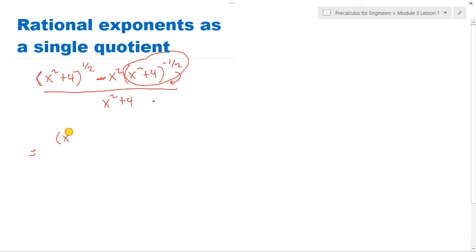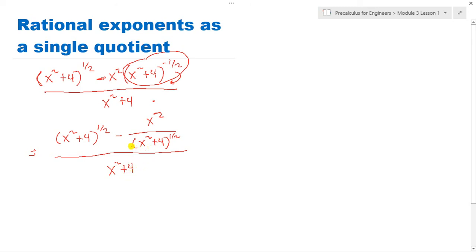So x squared plus 4 raised to 1/2 minus x squared all over x squared plus 4 raised to 1/2. So, nagiging positive na siya kasi binibring down natin siya sa ibaba. But not dito sa x squared plus 4 kasi iba na siya. So, we have here x squared plus 4.